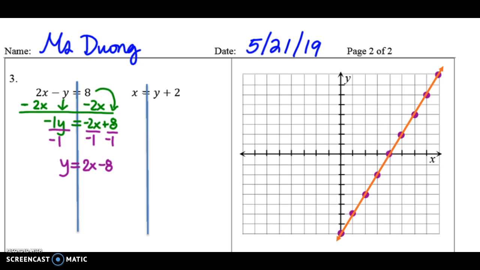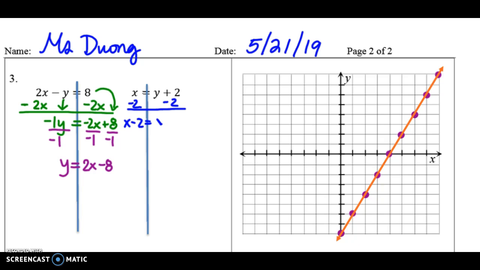The next equation says x equals y plus 2. Now, in order to graph the line, we need it in slope-intercept form, so I need to solve for y. So I need to get rid of the plus 2.